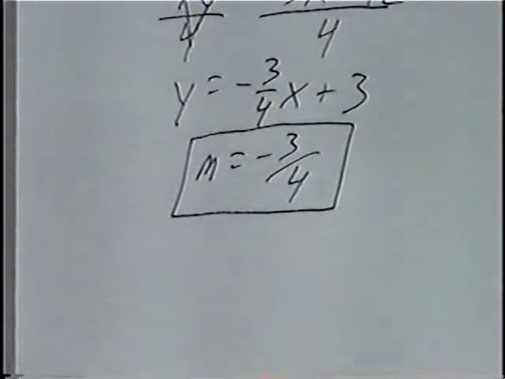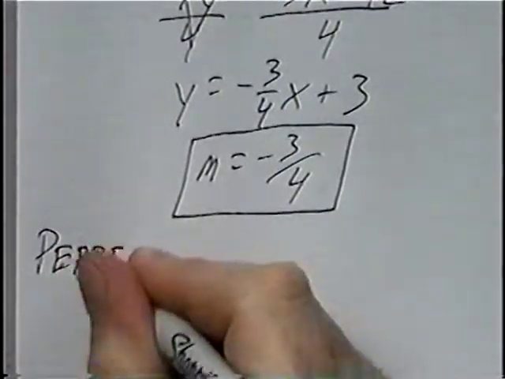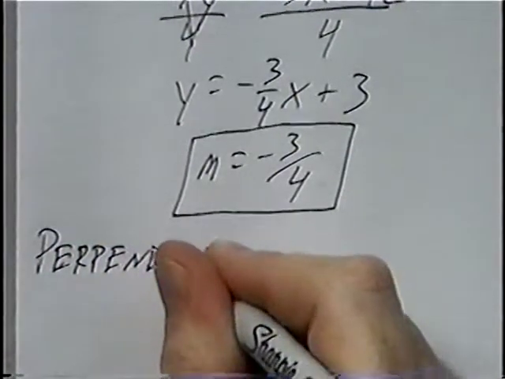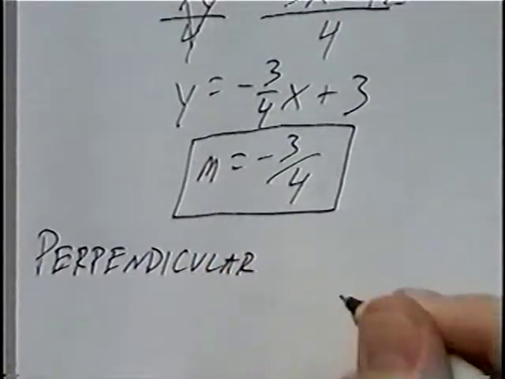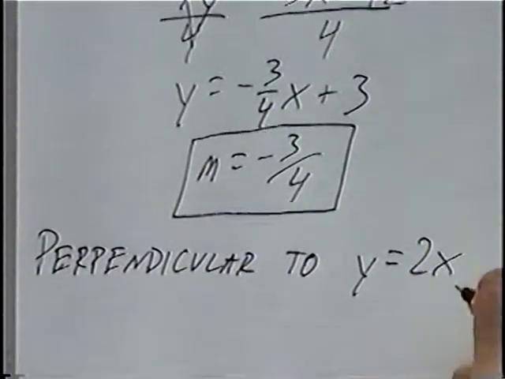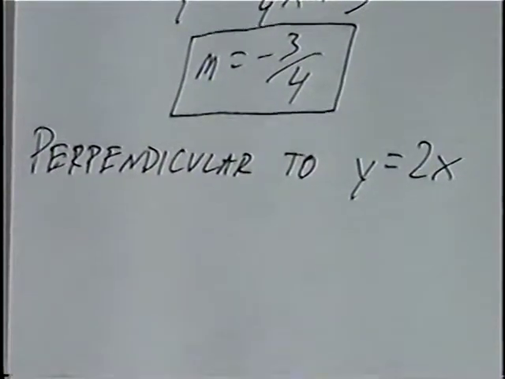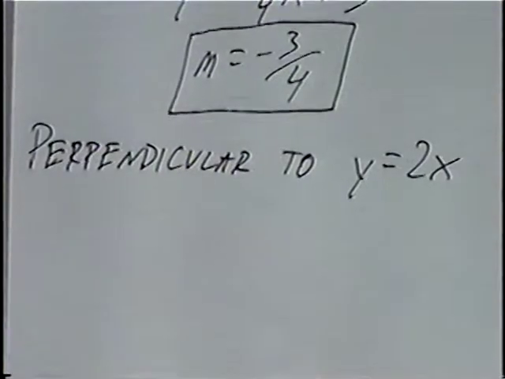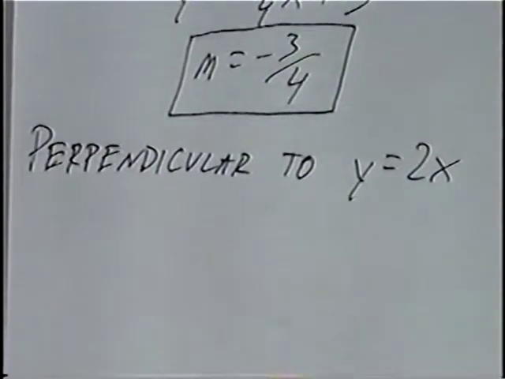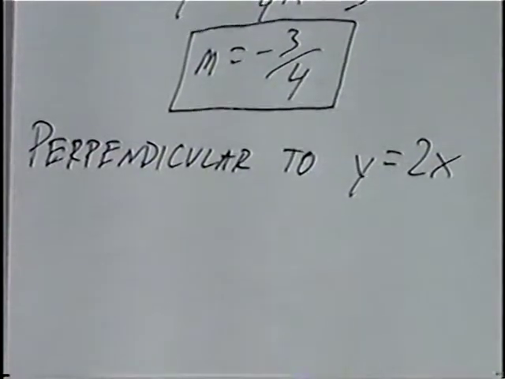And last question for the section is perpendicular to y equals 2x. Perpendicular, again, the definition is opposite reciprocal, and we want that to be perpendicular to y equals 2x.